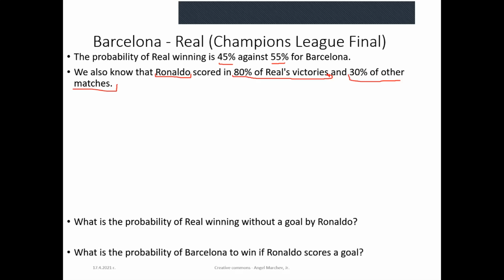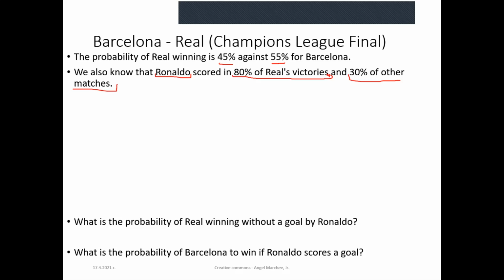Question number 1: what is the probability of Real winning without the goal of Ronaldo? So imagine that all of a sudden before the beginning of the game, Ronaldo becomes injured and he cannot continue playing the game. If we know this, obviously we need to update the probability of Real winning.